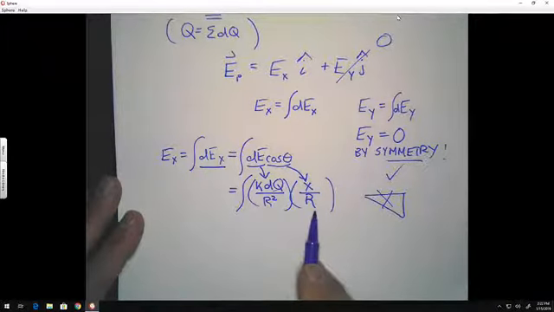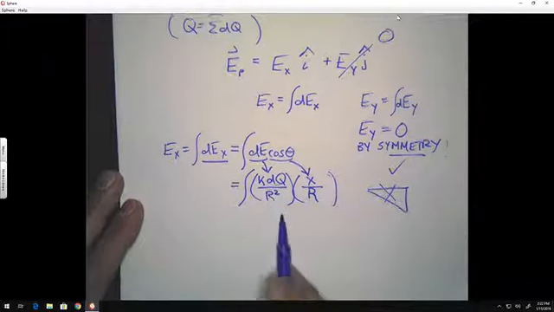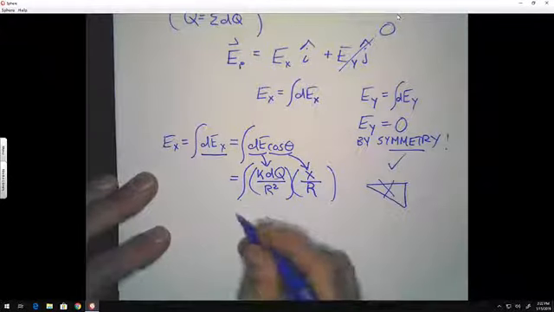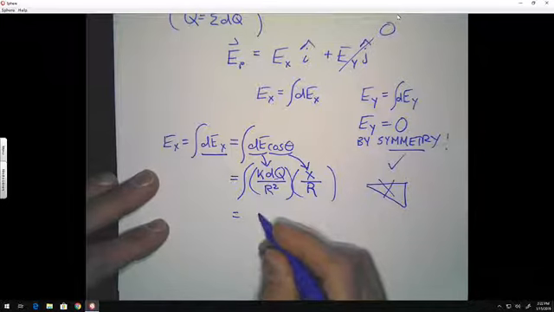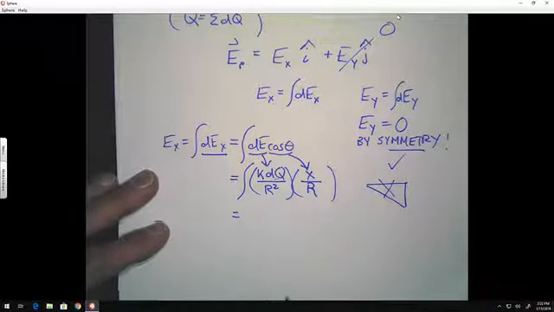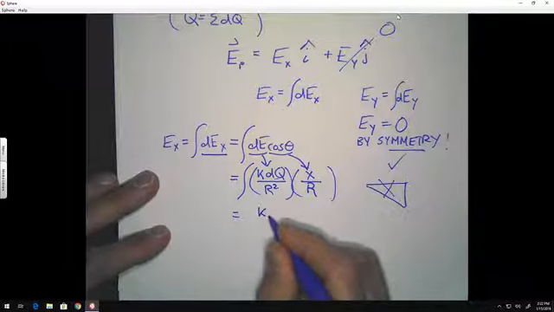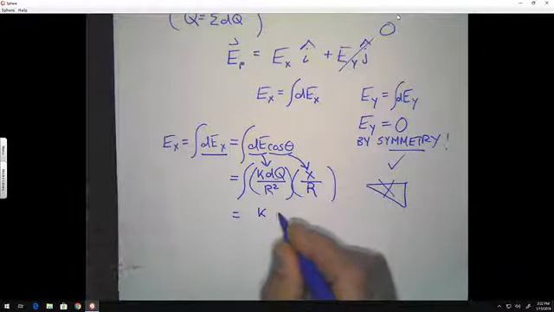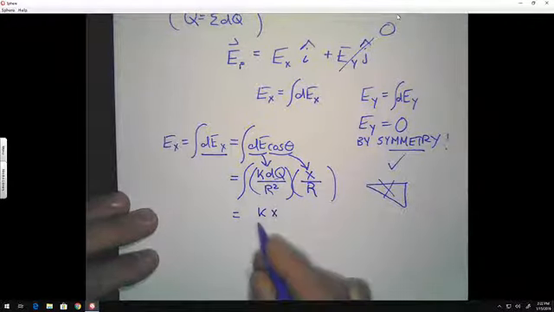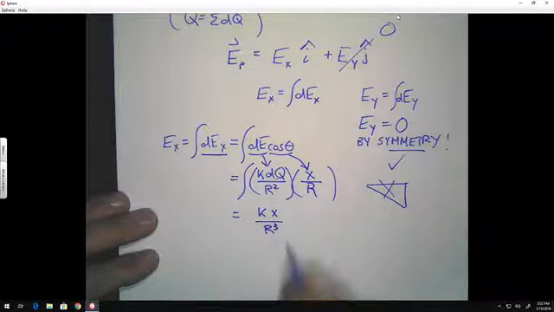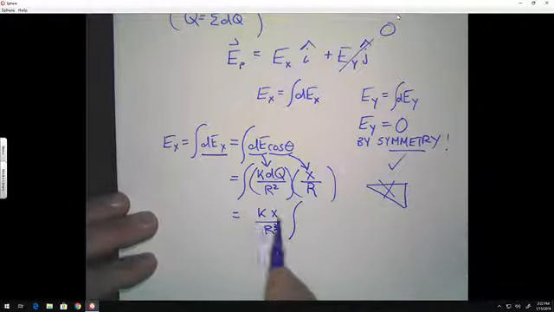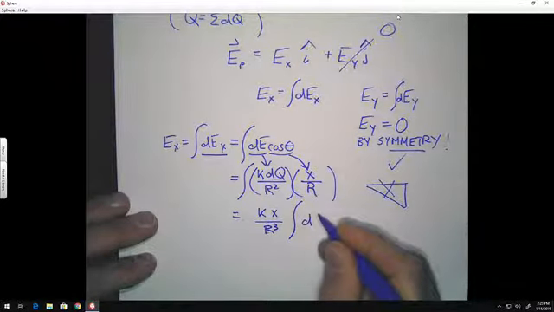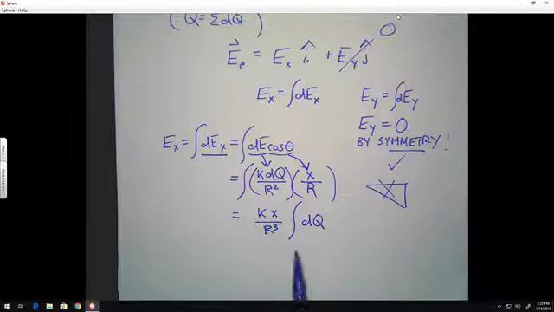All right, so the rest of this is actually pretty easy from a calculus point of view. A lot of stuff is going to come out here. In fact, pretty much everything is going to come out except for the dq. So we're going to be left with k times x over r cubed, and I'm going to just immediately bring that out of the integral because none of those things are going to really be changing with the dq.